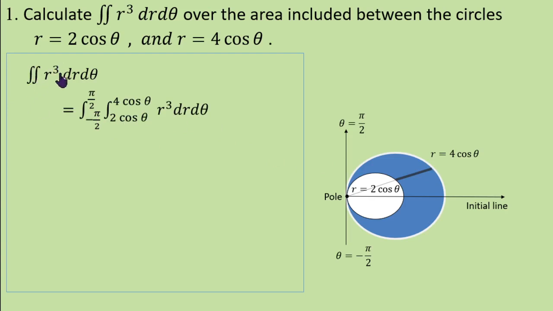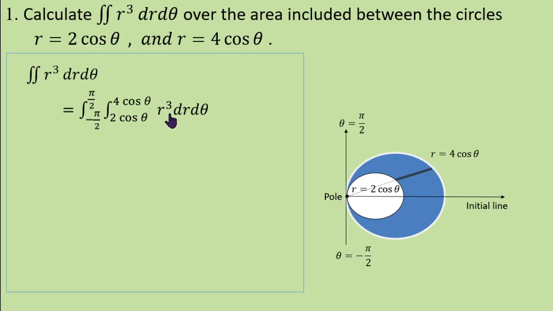Therefore, double integral r cube dr d theta in the region between the circles r equal to 2 cos theta and r equal to 4 cos theta becomes integral from minus pi by 2 to pi by 2, 2 cos theta to 4 cos theta, r cube dr d theta. When theta varies from minus pi by 2 to pi by 2, r varies from 2 cos theta to 4 cos theta.